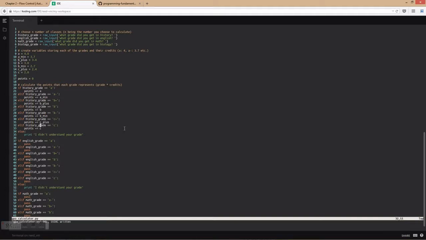So the same thing will apply, and I should have copied all this afterward because I'm going to actually do it again, because I don't want all those passes. But now I need to replace history with English. And we need to get rid of this and replace English with math.